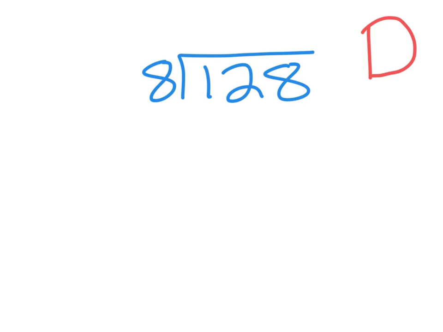And the answer is no. If I have one finger and I try to divide my one finger into 8 pieces, it's going to be extremely painful. So we can't do that. So we have to move over and use a little bit more of the problem. So now I have to ask myself, can I divide 12 by 8? And the answer is yes. So 8 goes into 12 one time.